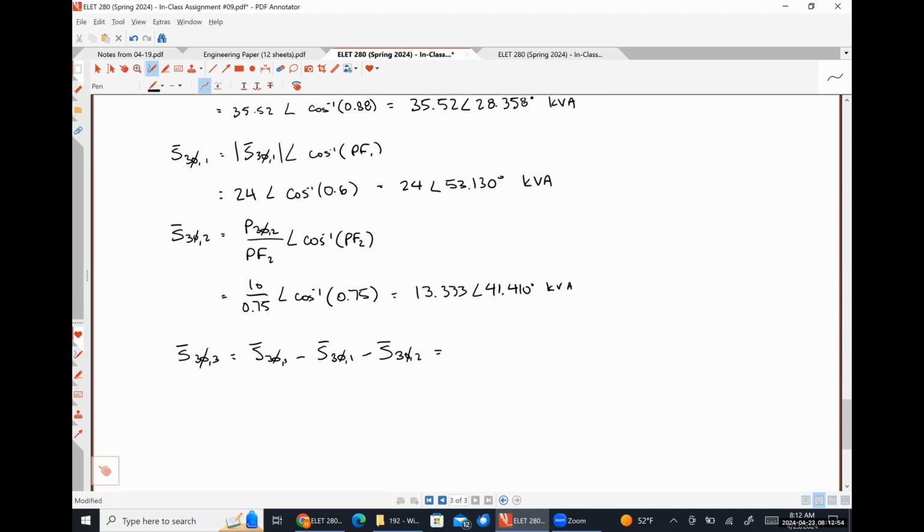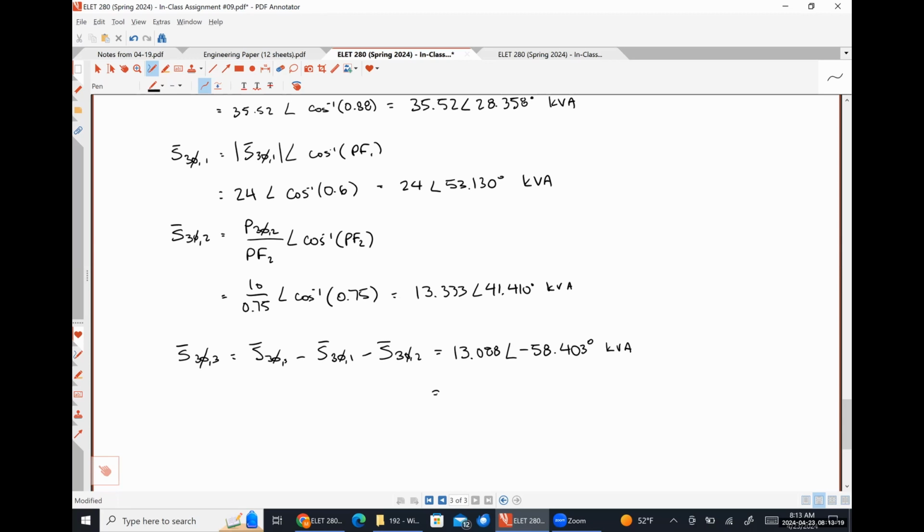So if I stored things in my calculator correctly, this comes out to be 13.088 with an angle of negative 58.403 degrees kilovolt amperes.